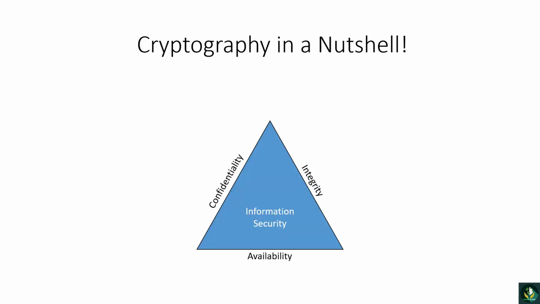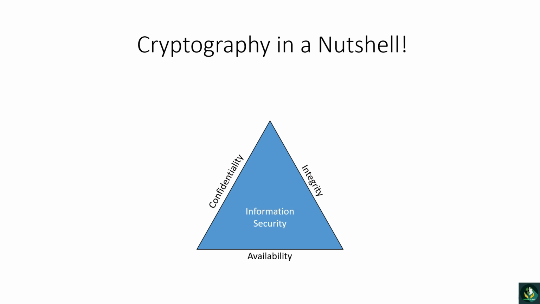When it comes to information security, the side of cryptography really focuses on confidentiality, protecting our data from unauthorized users seeing what the data is, and integrity, which makes sure that the data didn't get altered or changed without us noticing it.